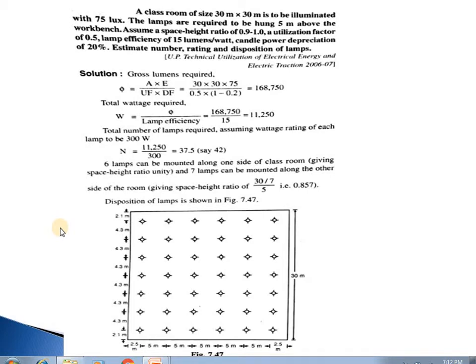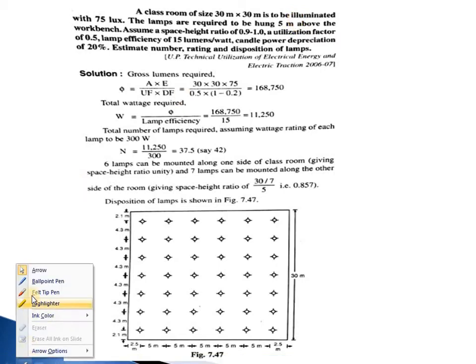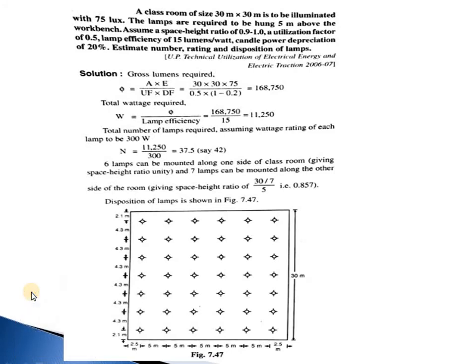Solution. Gross lumens requirement. Definitely the room size is 30 into 30, and it has to be illuminated with 75 lux. That means the area A is 30 into 30, and E is the illumination, that is 75 lux.